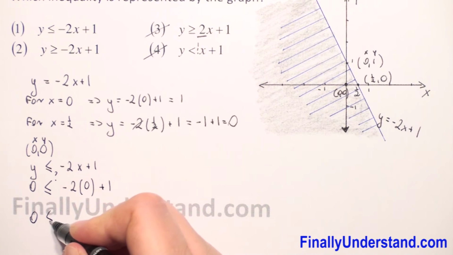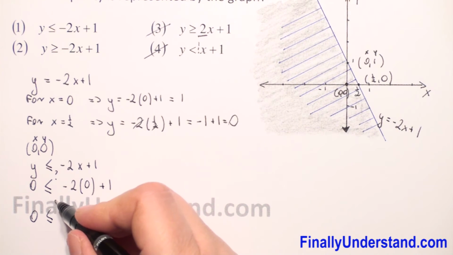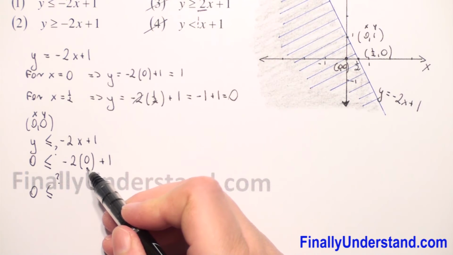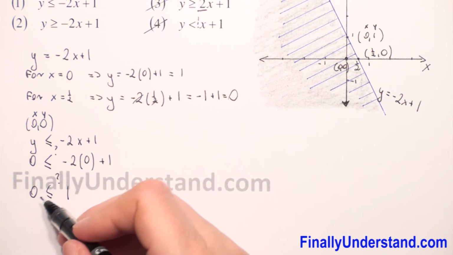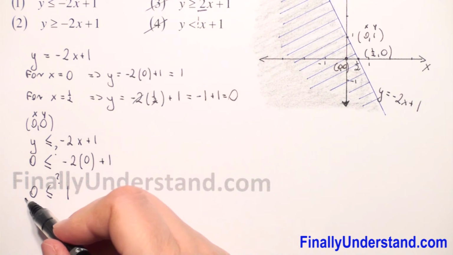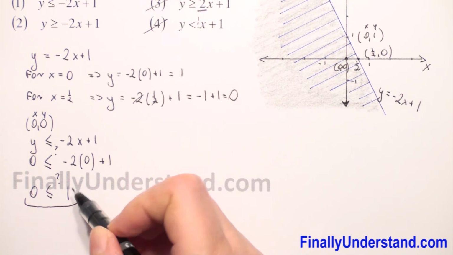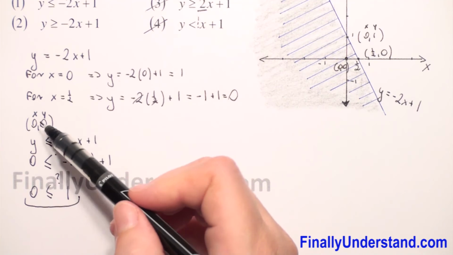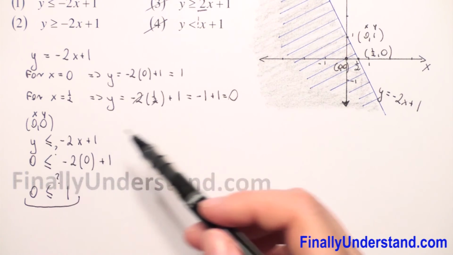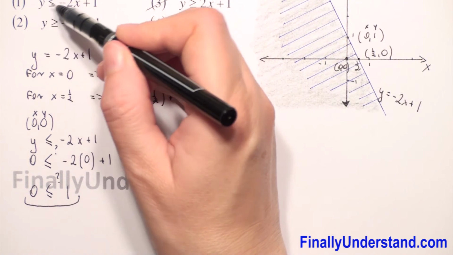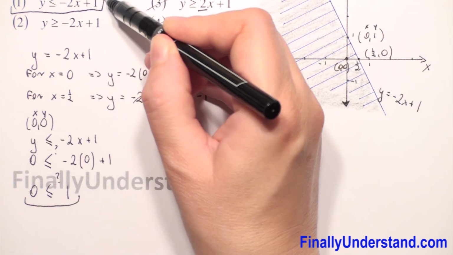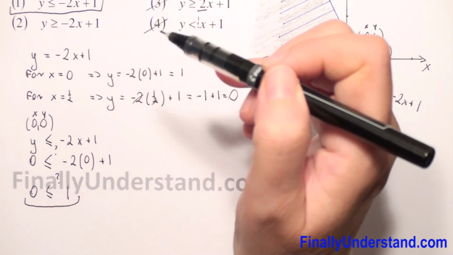So 0 is less than or equal to negative 2 times 0, which is 0, plus 1 is 1. 0 is less than 1? Yes, it's true. So this inequality is true for this point. So this point belongs to the solution of this inequality.